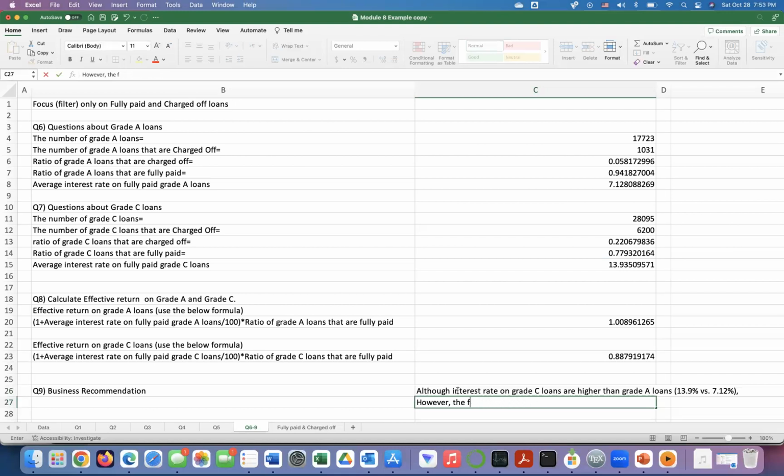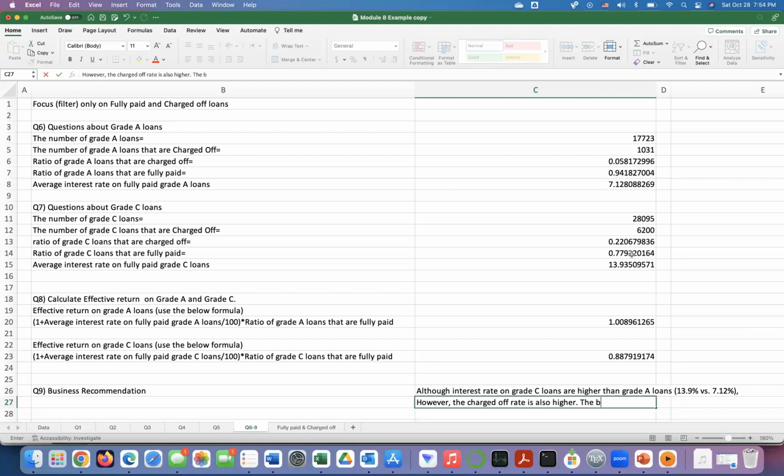However, the charged off rate is also higher. Yes. Here, 94% of the grade A loans are paid off, but the interest rate is lower. Here, the interest rate is a little bit higher, but only 0.779 of them are paid back.